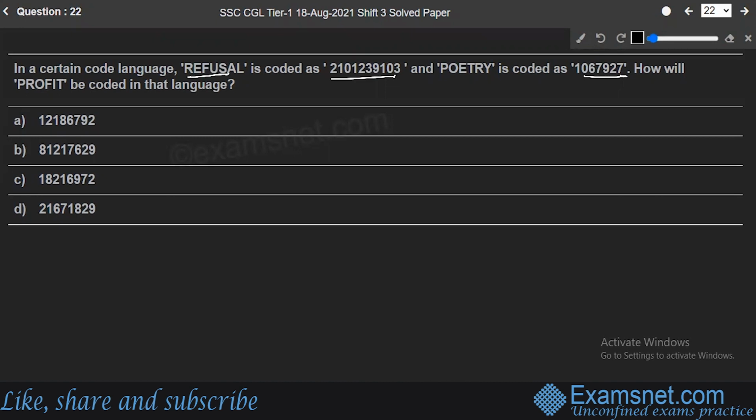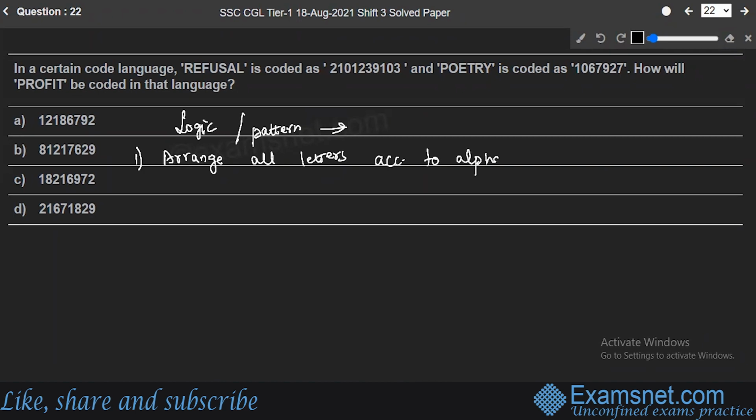So, very first is refusal. What logic or pattern is being followed in this question? Let's see. Very first thing, please note this. You have to firstly arrange all the letters according to alphabetical series.